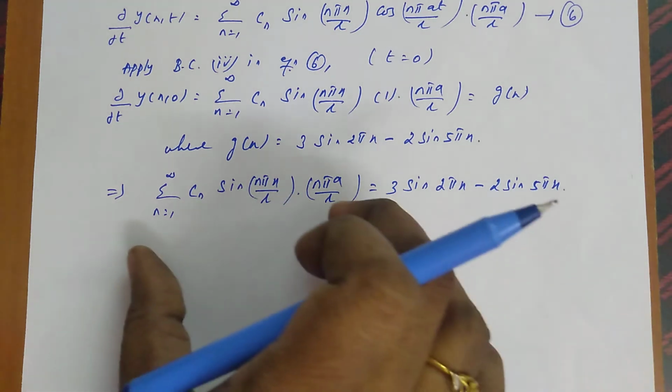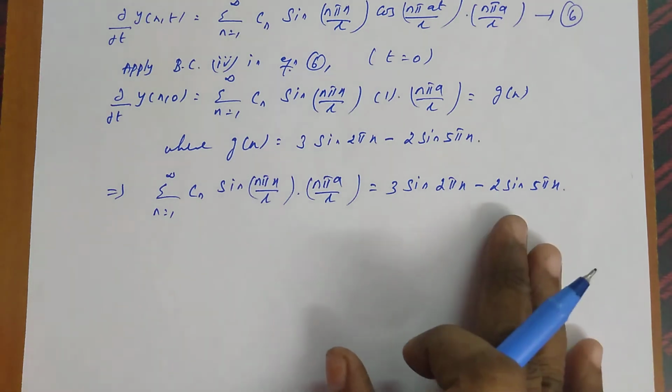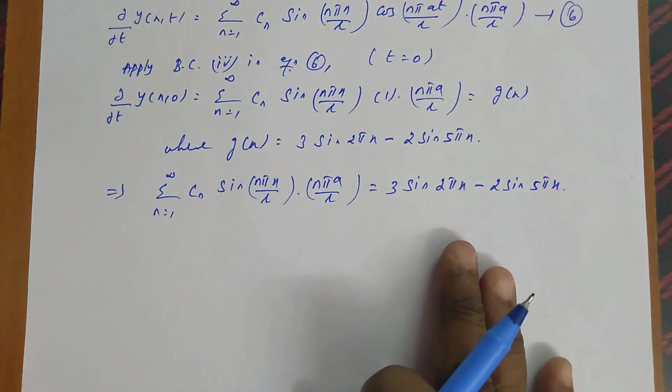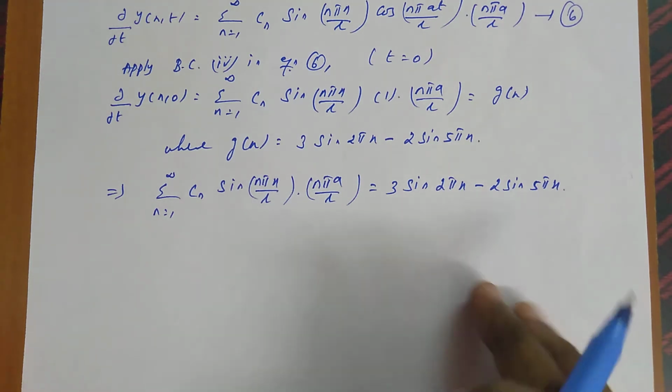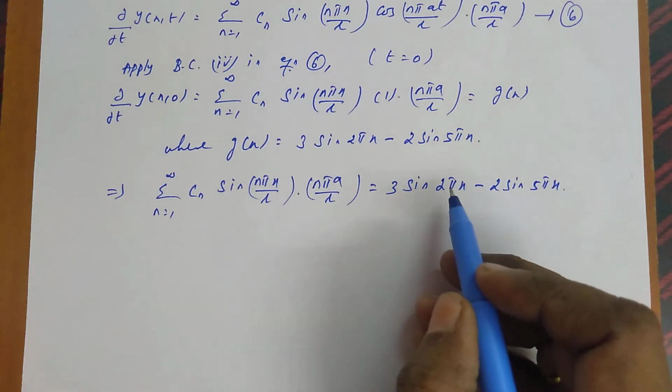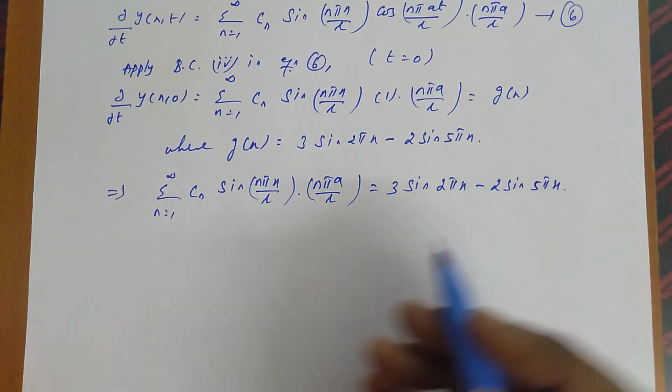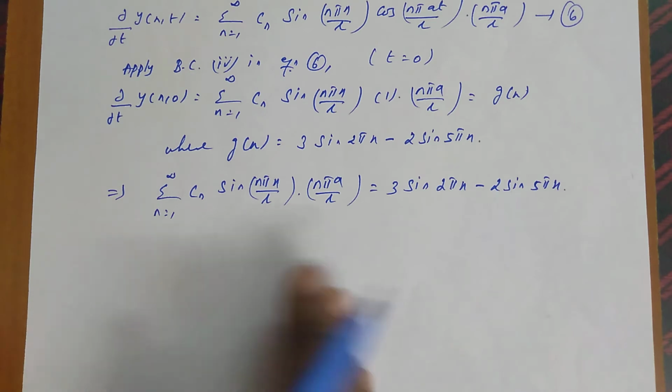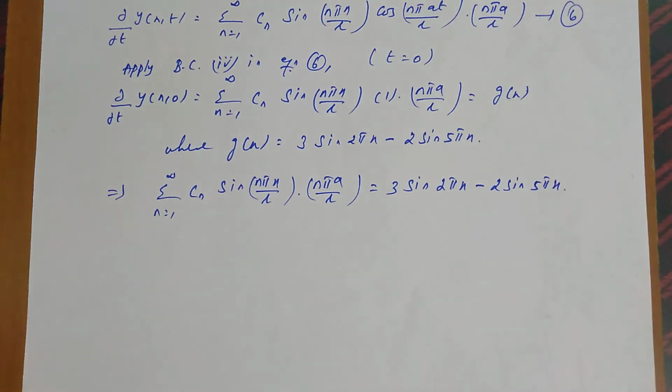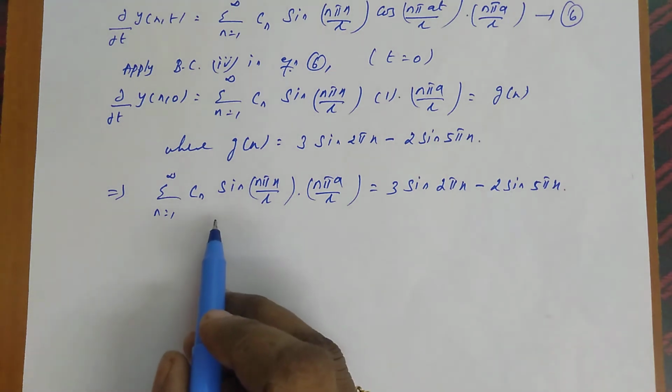After giving the values for n, we are going to compare the coefficients, equating the like terms on both sides. We have to find the sin 2πx and sin 5πx coefficients in the left hand side, so that we can easily equate the like coefficients on both sides. So here we are going to give values for n.